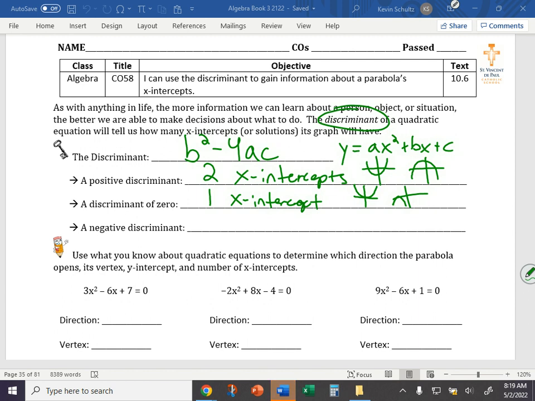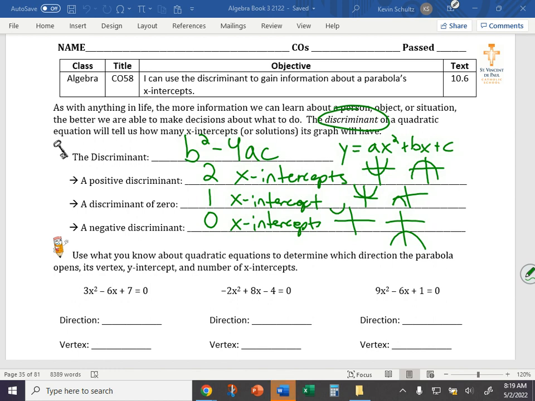If the discriminant is negative, again, it doesn't matter what the number is, there are no x-intercepts. So that would be a parabola that is over there somewhere, or over like that. It does not cross the x-axis.